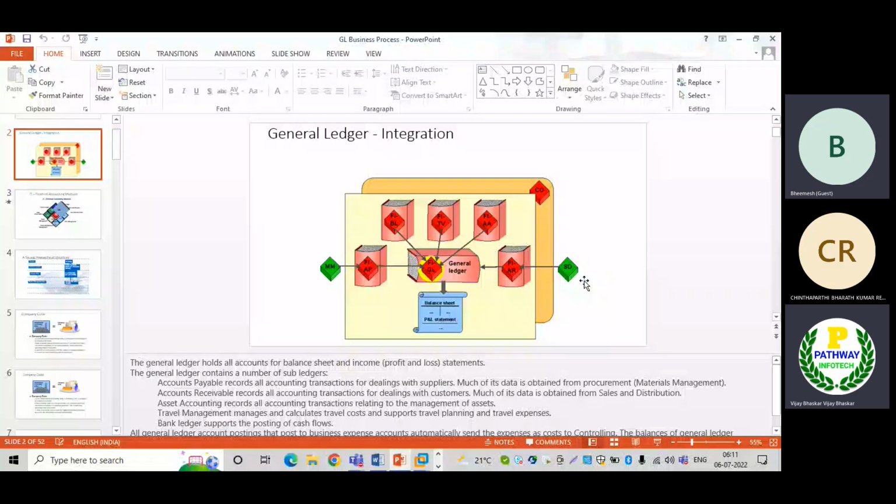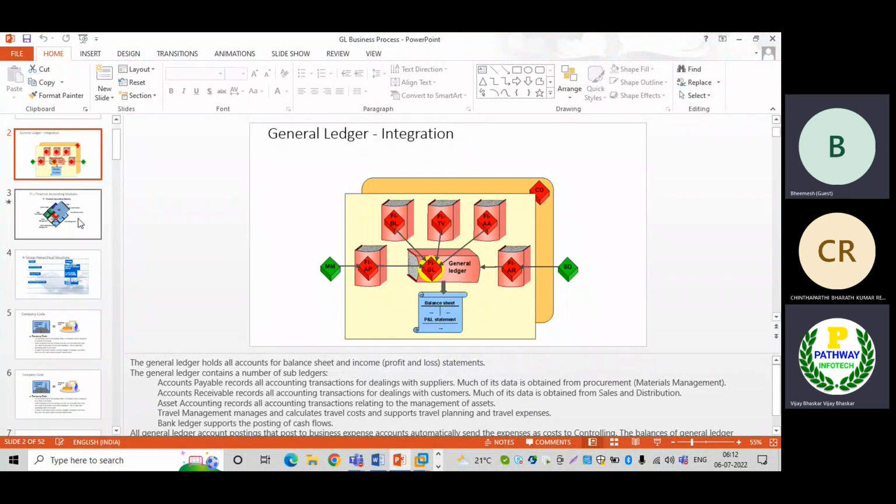The reason is that each and every transaction we record in the GL account, with the help of them only can we draw the financial reports like the balance sheet and profit and loss account. So the financial statements we can draw with the help of GL account transactions only. That is the reason we must have the GL account. GL account is the central hub to record all business transactions.